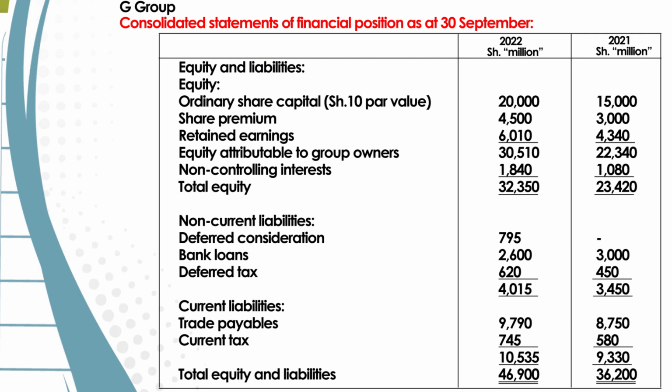At the equity we have ordinary share capital, share premium, retained earnings, and then equity attributable to group owners. We have non-controlling interest. Then at the non-current liabilities we have deferred consideration, a bank loan, and then the deferred tax. And at the current liabilities we have the trade payables and then the current tax.